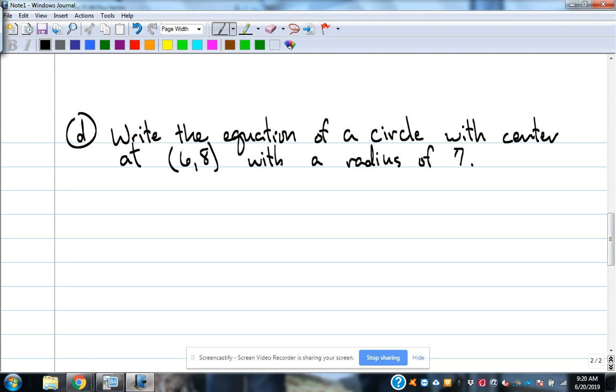Okay. So again, we got to know the formula: x minus h squared plus y minus k squared equals the radius squared. Okay. So real easy thing here. It's just plugging stuff in, and you really don't even have to work much out.